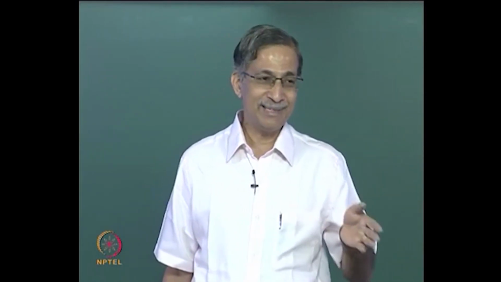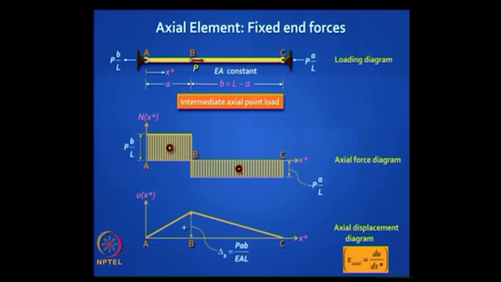So if the internal force is constant, the displacement will vary linearly, which is what we have done earlier. There is no shear force and bending moment here. Is it clear? So that is the argument, and you can prove that it is going to be PAB by EAL. With this you know everything about the fixed end force here.